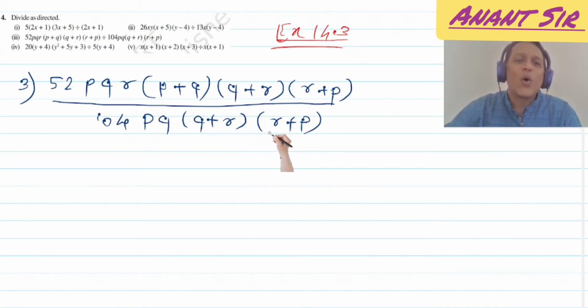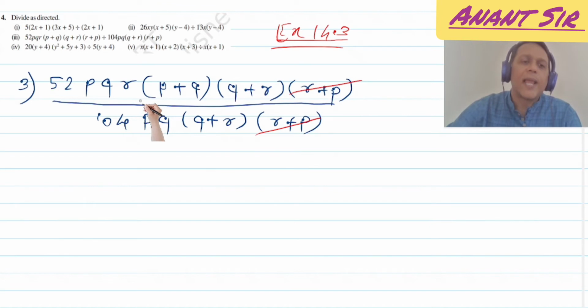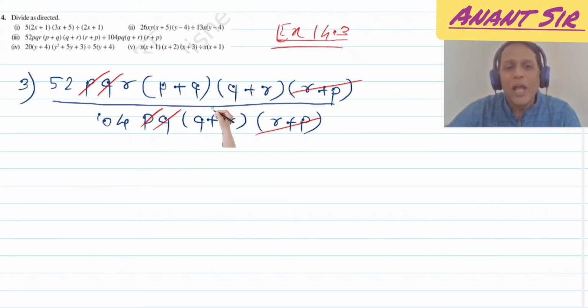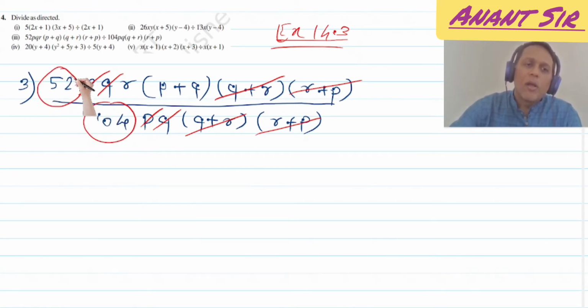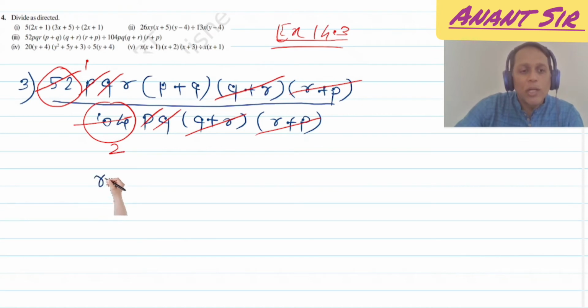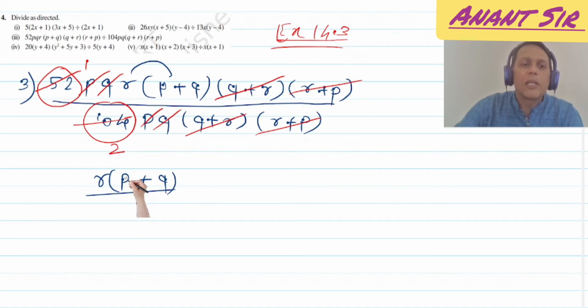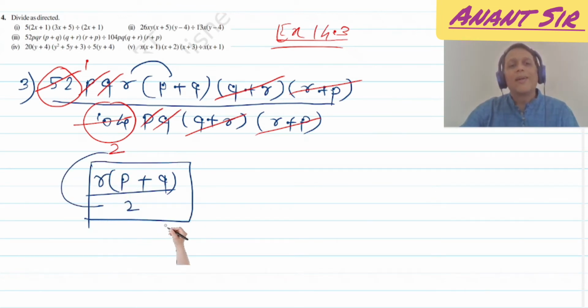So the R plus P bracket gets cancelled, one P in the numerator and denominator gets cancelled, one Q in the numerator and denominator gets cancelled, again the Q plus R bracket gets cancelled, and what about this 52 and 104? 52 ones are 52, 52 twos are 104. So in one step only you get the final answer, R into (P plus Q), and what remains in the denominator is only 2. So this is our final answer.